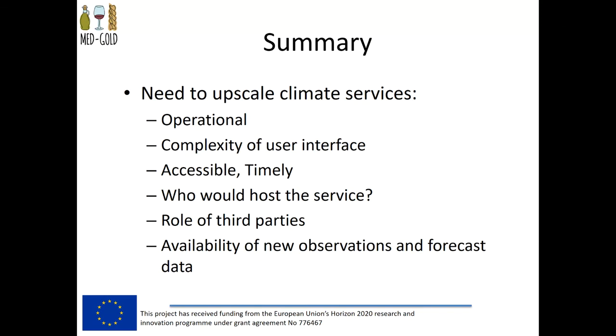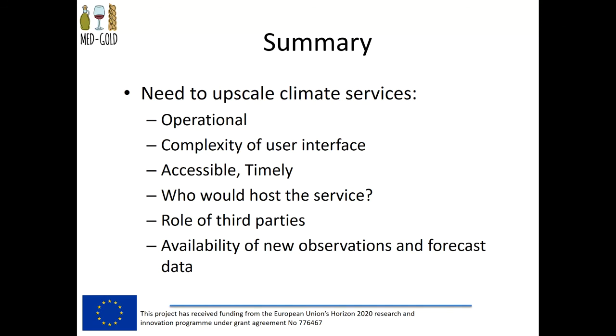So it needs to ingest new information quickly when it becomes available and alert the users, and be reliable, as Federico described earlier. We need to think about who's going to host the service, pay for it and maintain it once it's ready to go operational. There's also a need to think about the role of third parties.